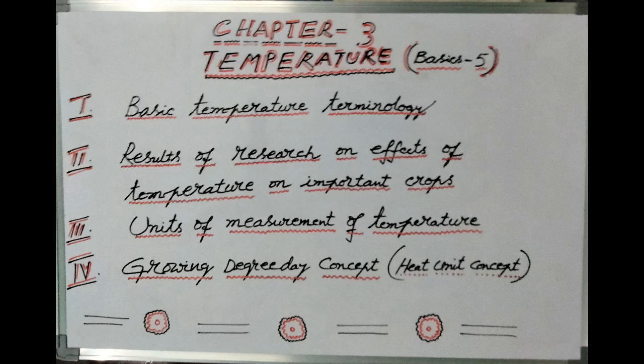Degrees Fahrenheit equals 32 plus 9 by 5 degrees centigrade. So this is how the relation between degree centigrade and degrees Fahrenheit is explained.